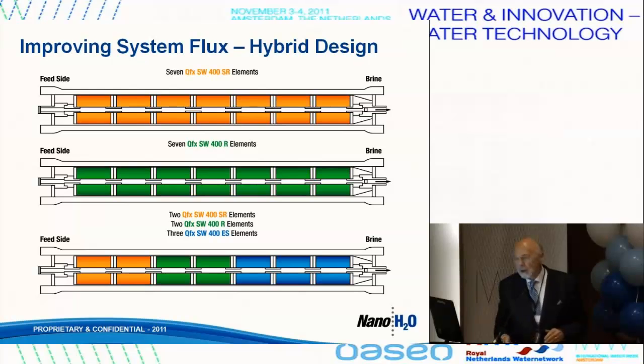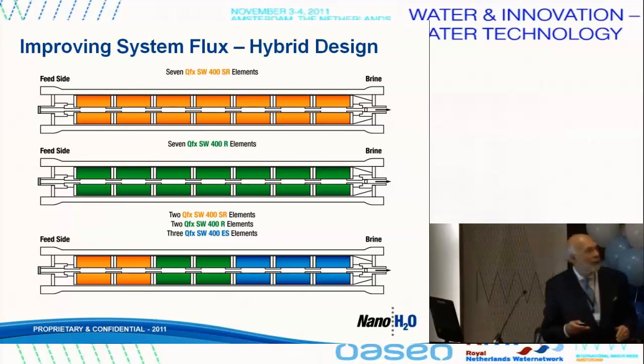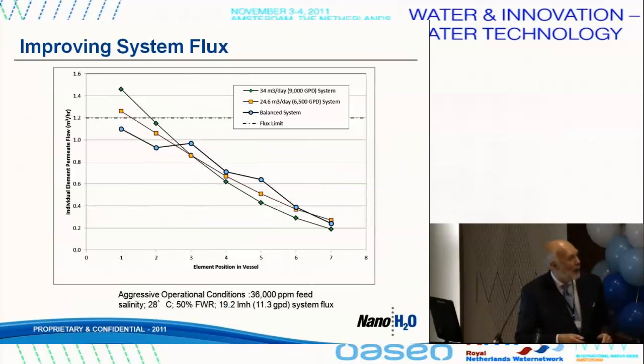And that's very powerful. So let's take a look at what happens. Here's element position within a pressure vessel, and here is the individual element permeate flow.